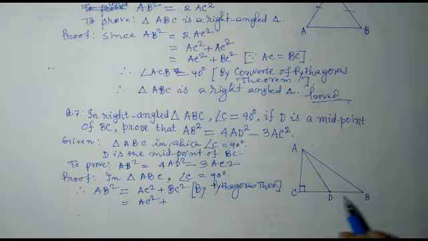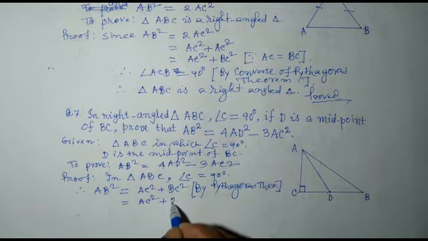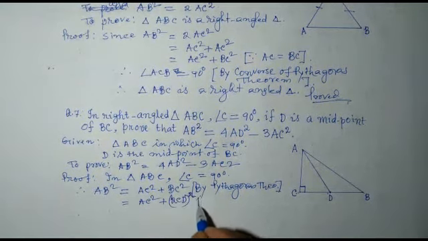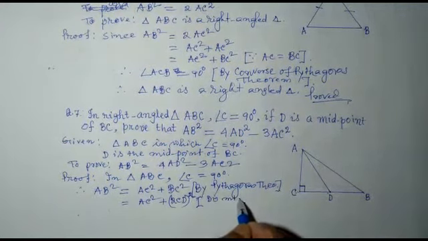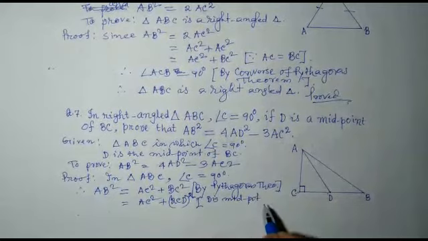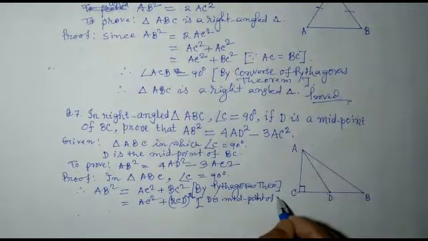That means BC will be twice CD. So for BC we can write here twice CD whole square. We have to write the reason: because D is the midpoint of BC.